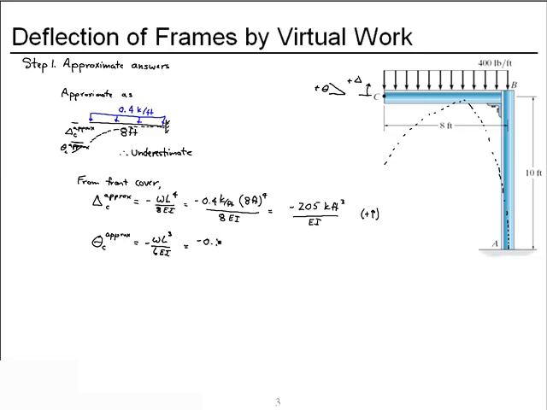So we have a minus 0.4 kips per foot, 8 feet cubed over 6EI, which gives us a negative 34.1 kip feet squared over EI, and a positive quantity would have been clockwise slope. Now we have our predictions, which we know are underestimates. Once we get done with our more lengthy calculations using virtual work, we'll come back and compare them. If they don't match favorably, we'll have to decide whether we've misunderstood something or if we've made a mistake.